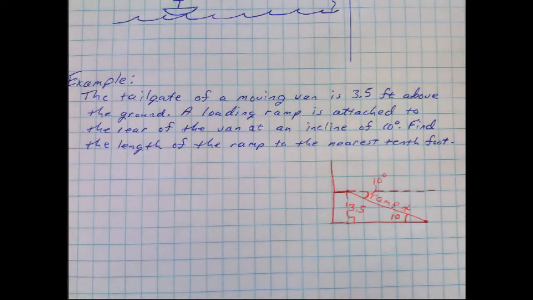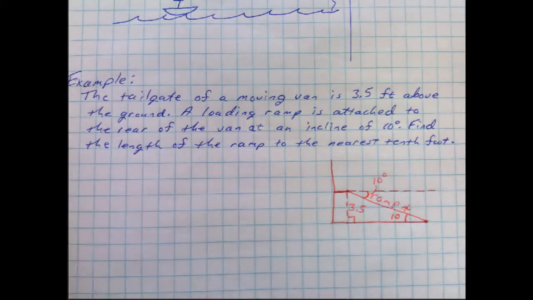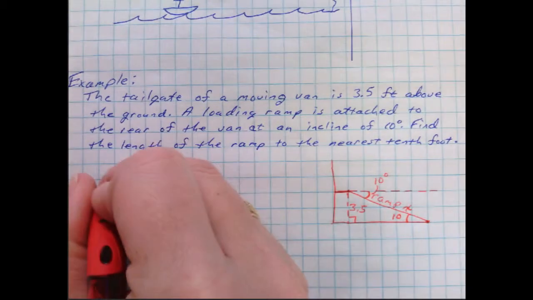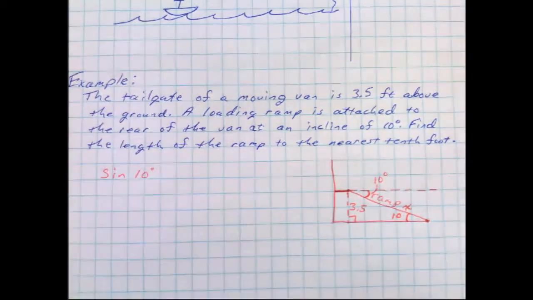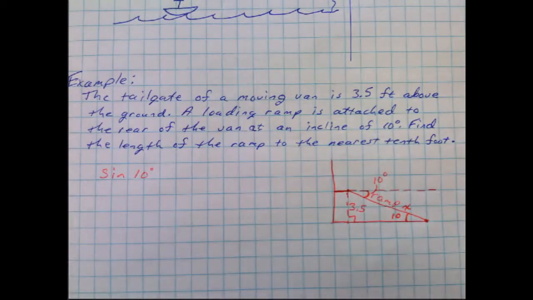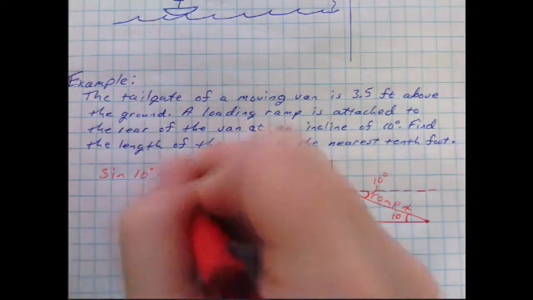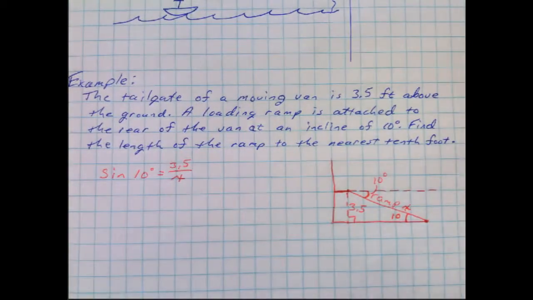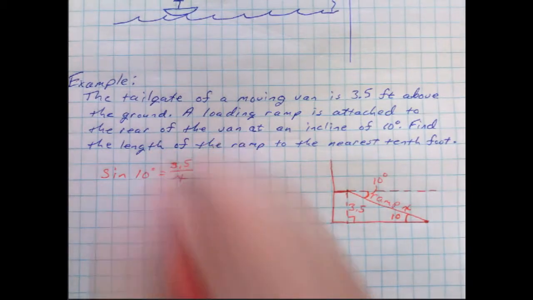From 10, we have an opposite and we have a hypotenuse. So opposite over hypotenuse, we're dealing with sine of 10 degrees, and that's going to be 3.5 over our x.